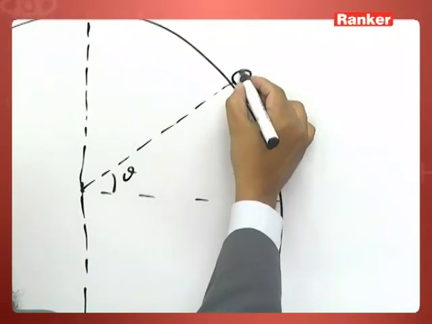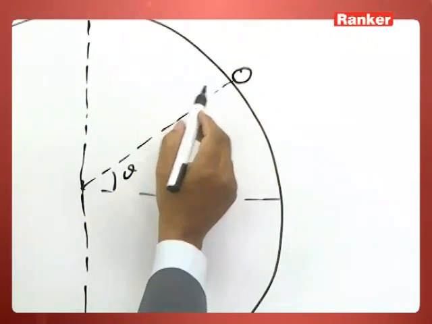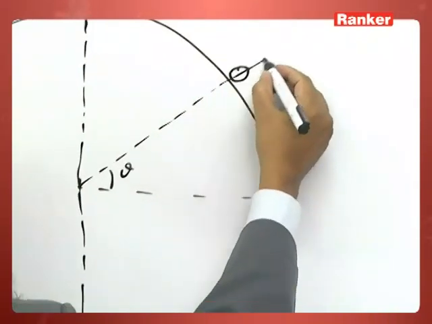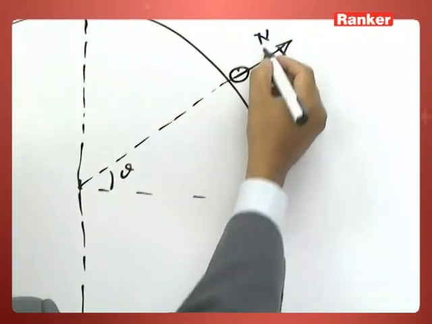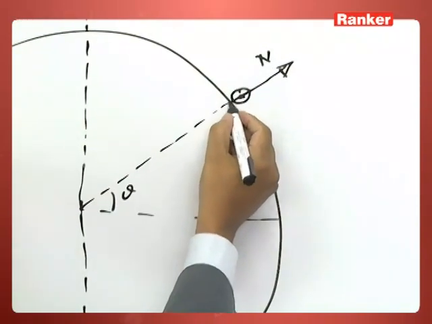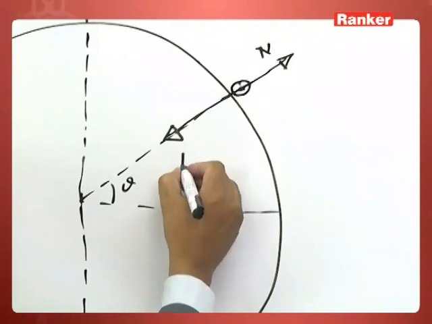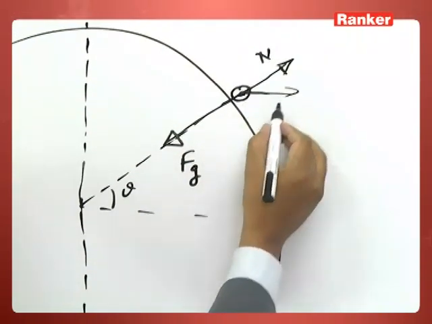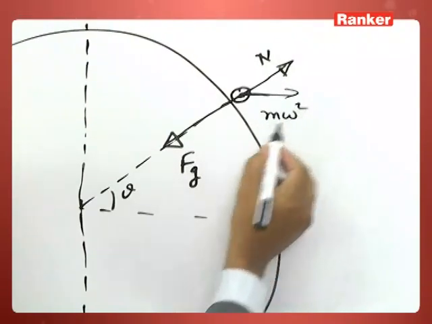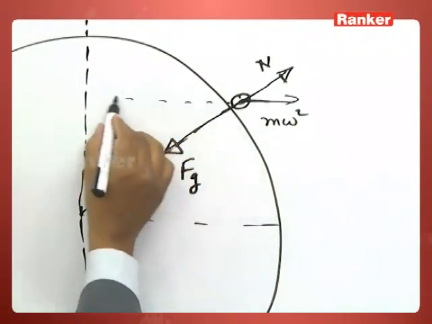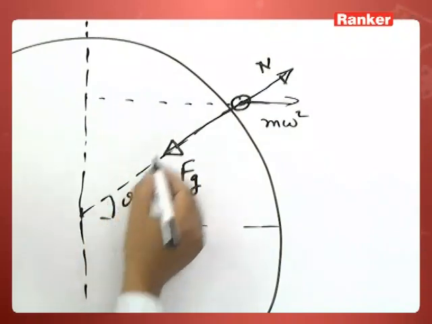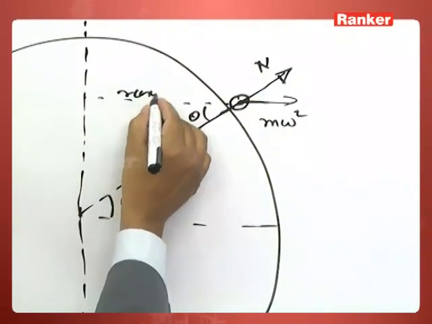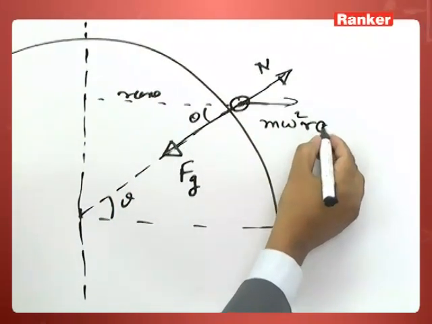Here we have an object. When we are here, we have a normal reaction N acting in this direction, we will experience a gravitational force F gravity here, and there is a centrifugal force that is given by m omega square times this radius. Suppose this angle is theta, so this is also theta. So this is r cos theta. So m omega square r cos theta.